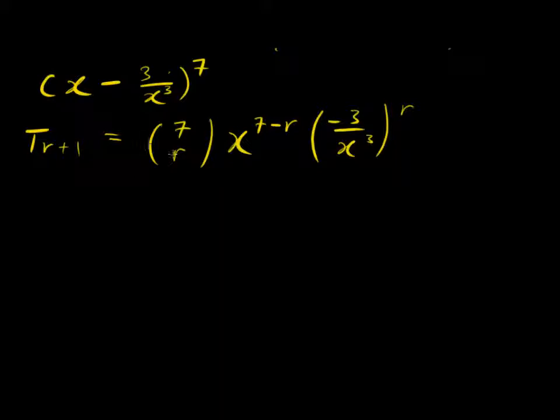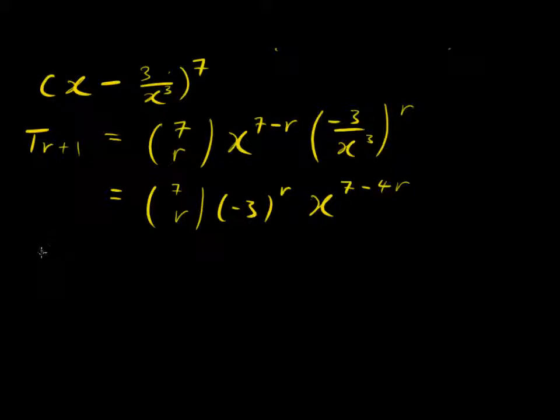And now we are trying to simplify the expression into something which is easier to look at. So let's factor out the number in this expression, which is minus 3 to the power of r. What we are left with is x to the power of 7 minus r minus 3r, right? So what we get is 7 minus 4r.